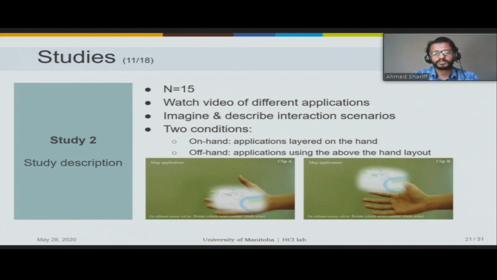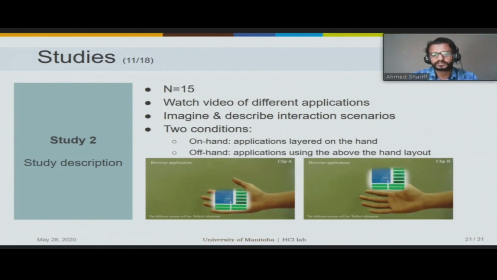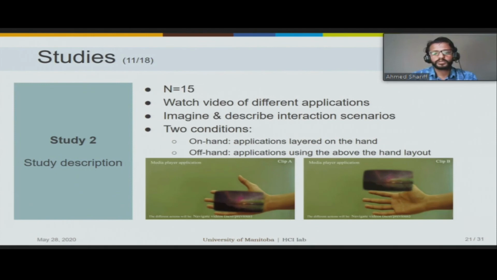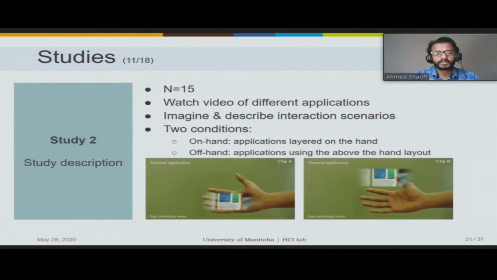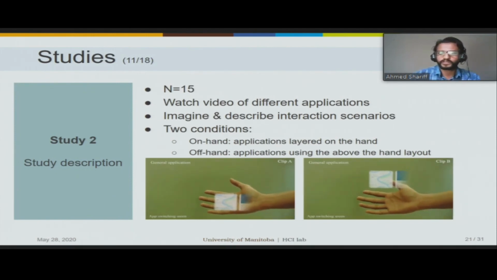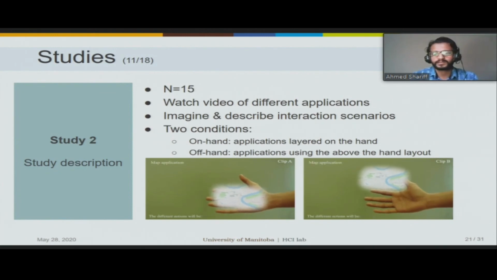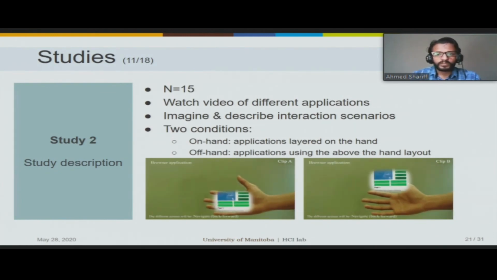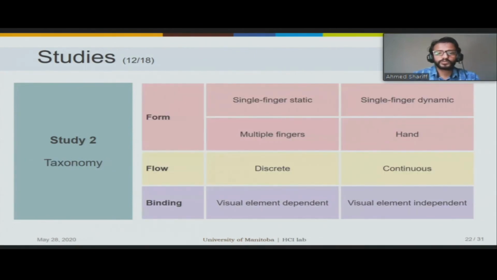User elicitation studies have been shown in previous work to generate interactions or gestures that are more user-friendly than gestures and interactions proposed by experts. To analyze the data, again, we identified 3 dimensions. The first dimension relates to how exactly they were using the hand.